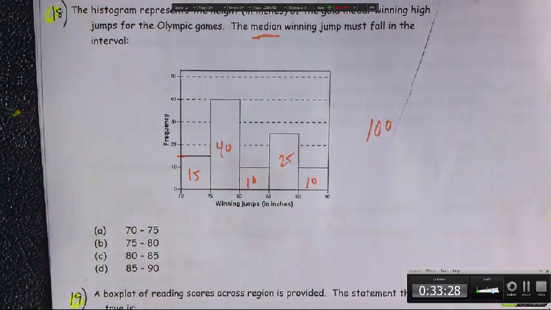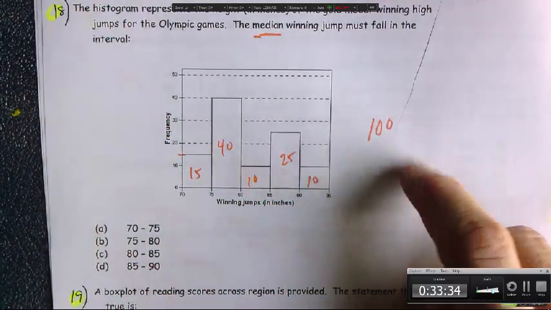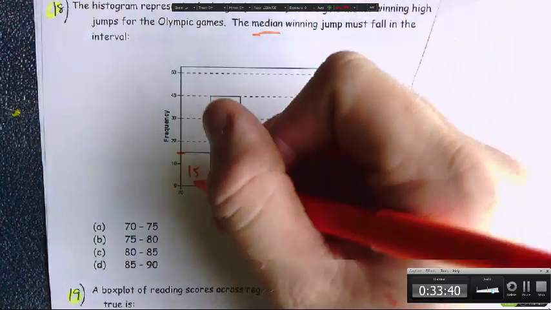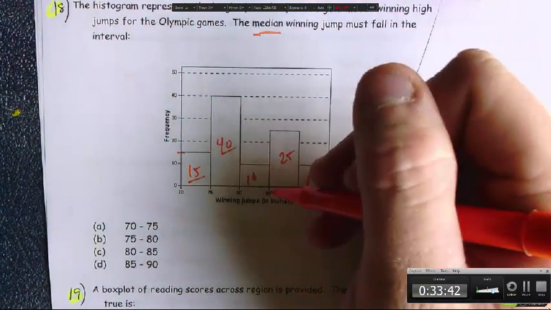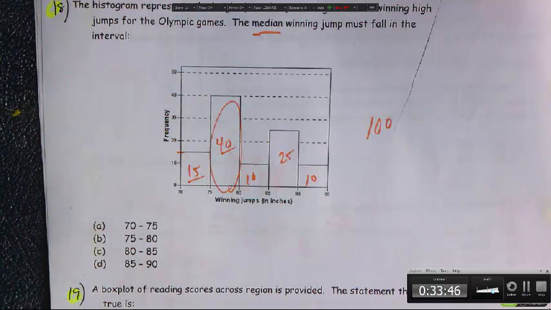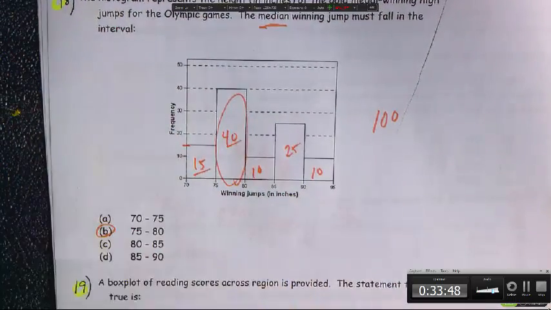So the median is going to be centralized around the 50th entry. It's going to be the average of the 50th and the 51st because this is an even number. This is 15, this is 40, that's the first 55, so the 50th and 51st happen right here, which is in the 75 to 80 range.